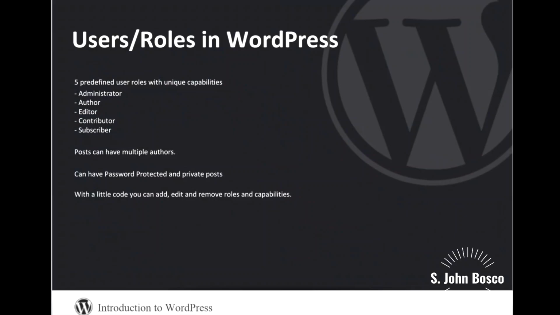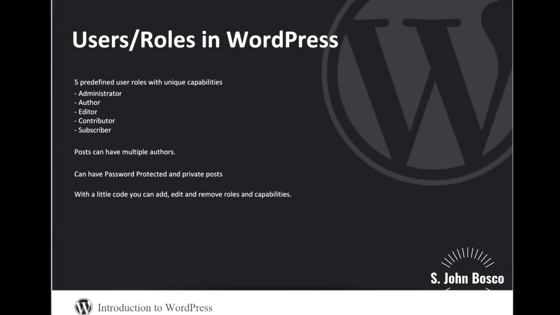And also you can give options for different users. There are different roles given: administrator, author, editor, contributor, subscriber. If you are the only person using it, all these five roles are not needed. If many people are using your WordPress, you can give different roles to different people.